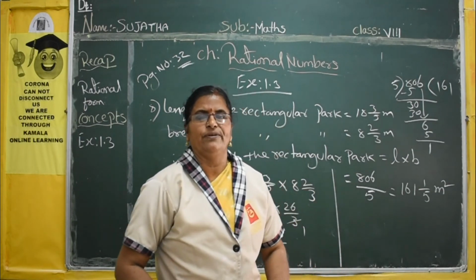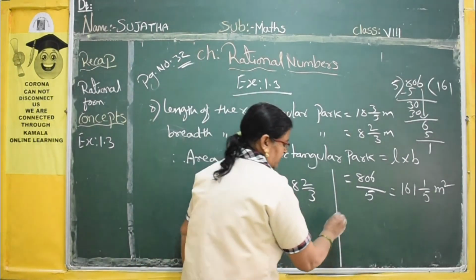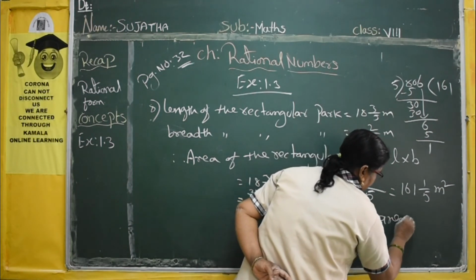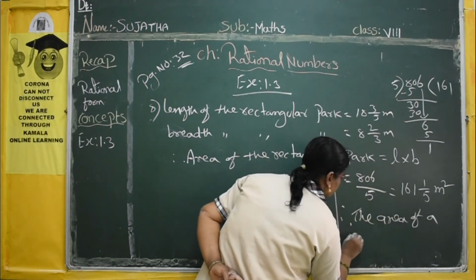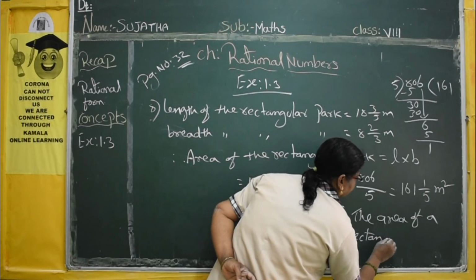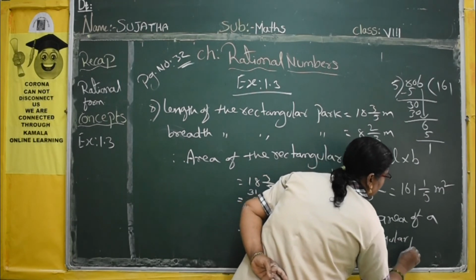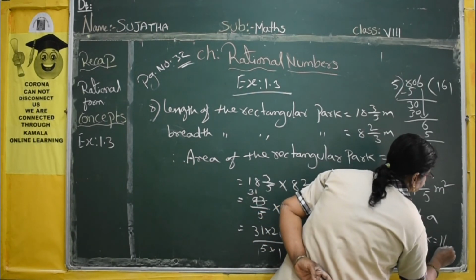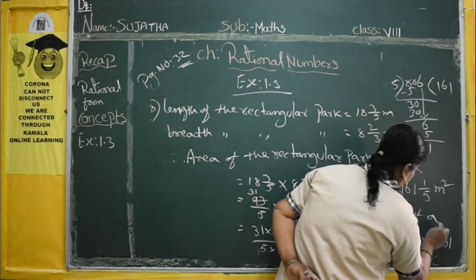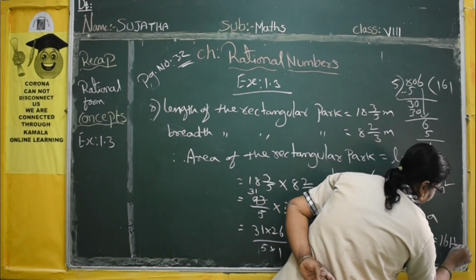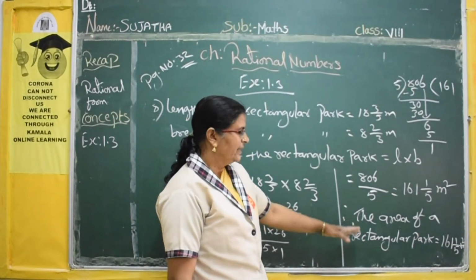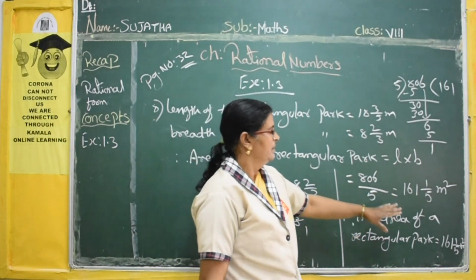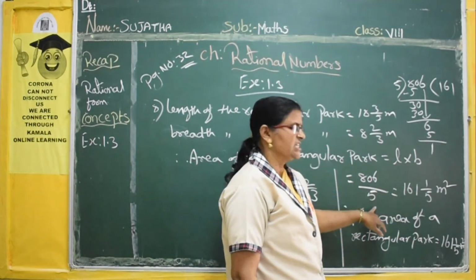This is the area of the rectangle. Therefore, area of the rectangular part is equal to 161 1 by 5 meter square. We multiplied length and breadth and got 806 by 5.